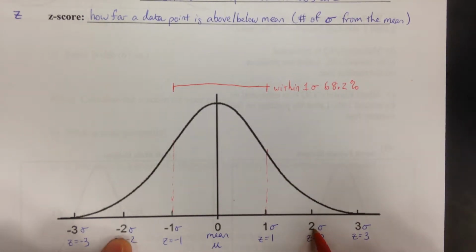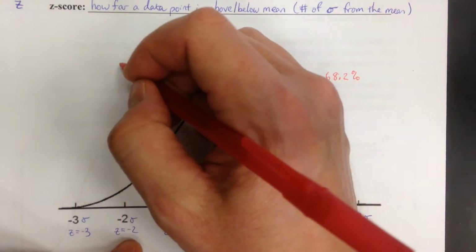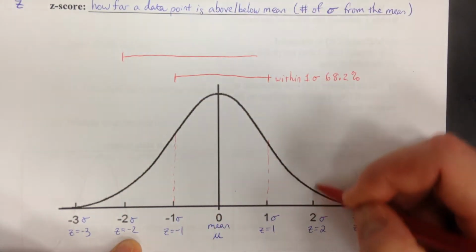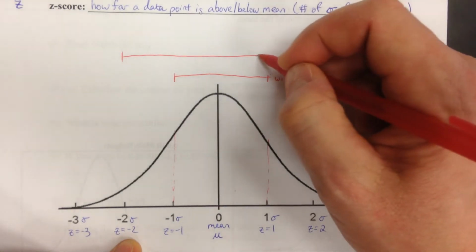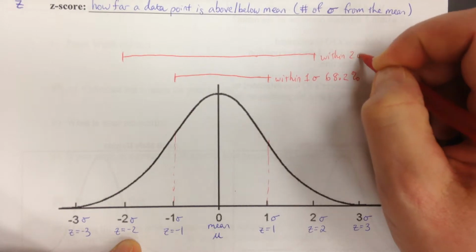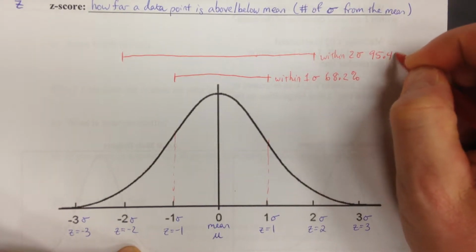Now if you go out to 2 standard deviations to the left and to the right, okay, we'll come up here and connect it. Within 2 standard deviations is going to be 95.4% of your data.